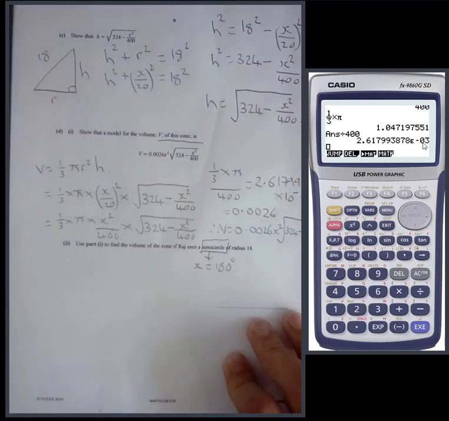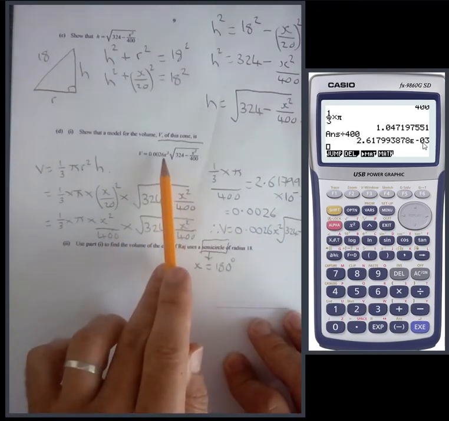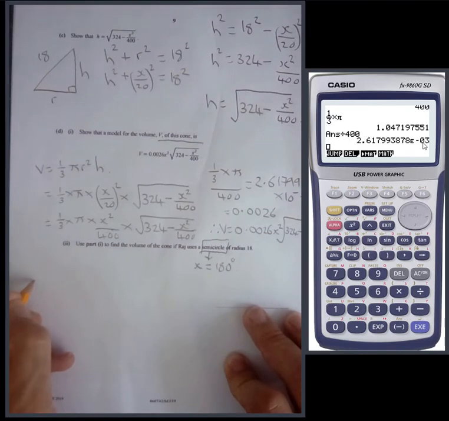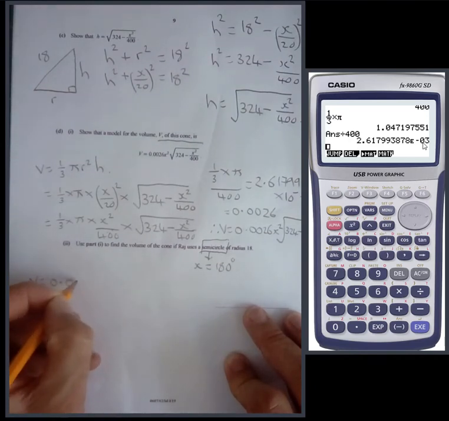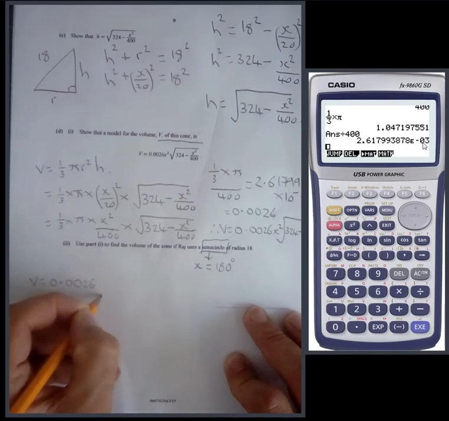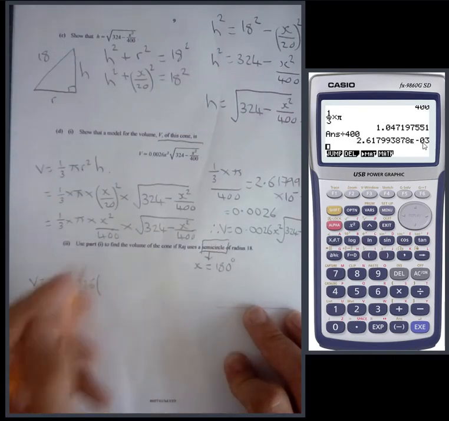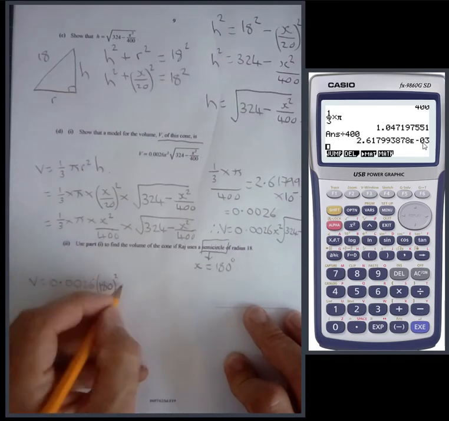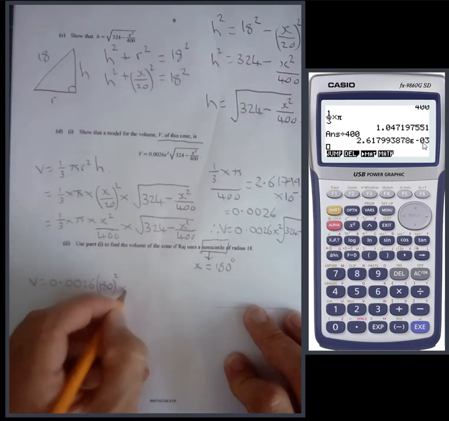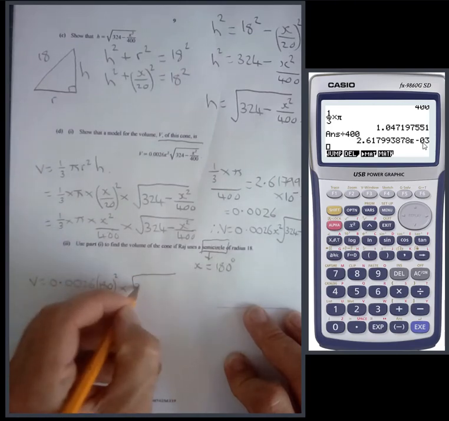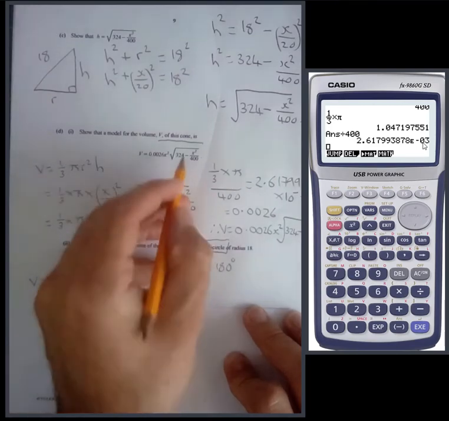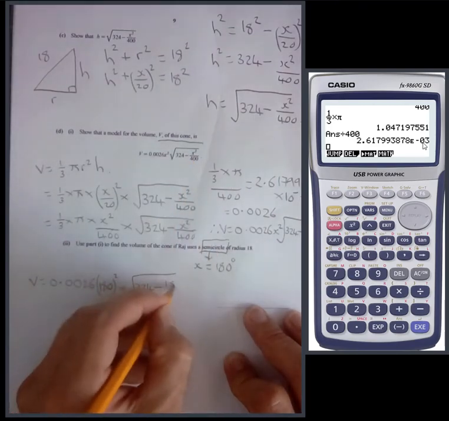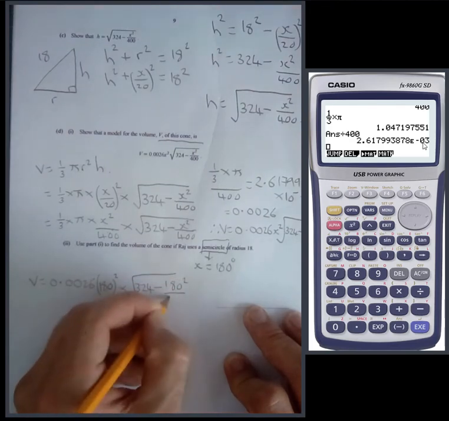Okay, so now all we need to do is just plug 180 into here and here. So that would mean V equals 0.0026 times 180 squared times the square root of 324 minus 180 squared again over 400.